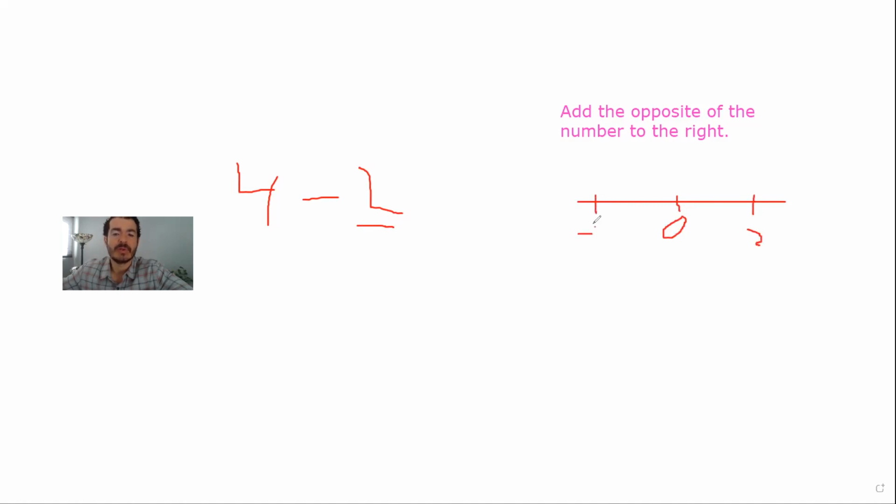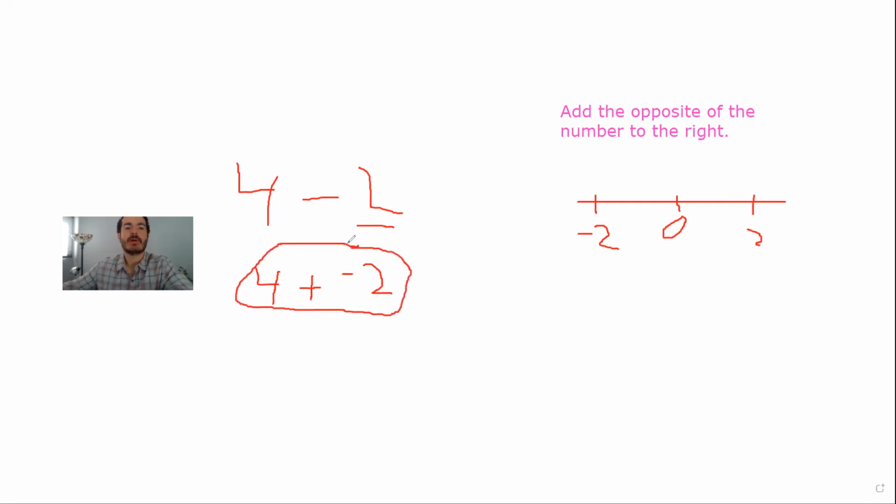It's the number to the left of 0 that has the same distance to 0, which is -2. So this is going to become 4 plus the opposite of the number to the right, and we've just reviewed really thoroughly how to do this problem. So here's what it's going to look like.